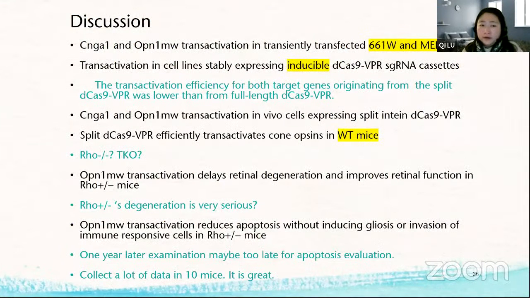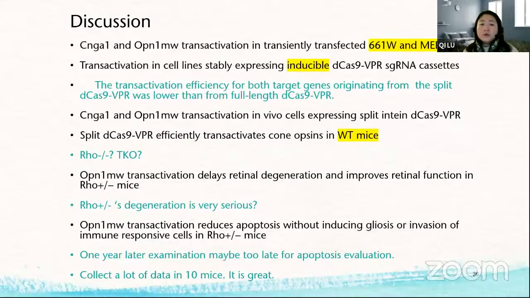And although the authors claimed that this can delay retinal degeneration, the question is whether the baseline degeneration is very serious. To me, it's not very serious.